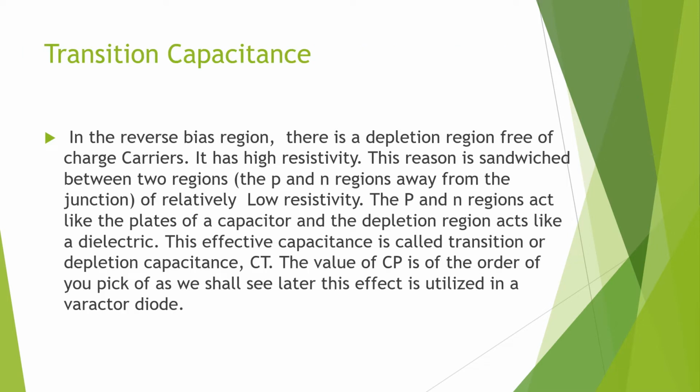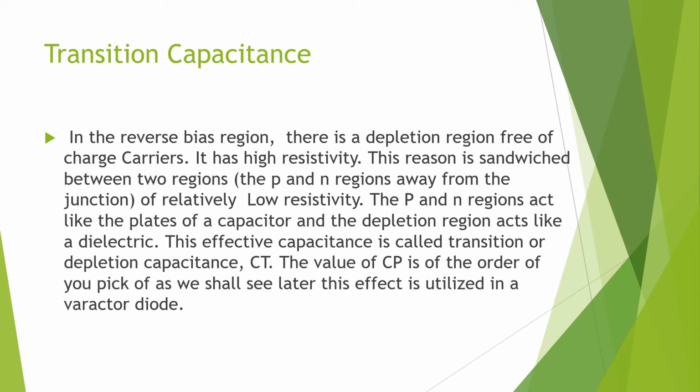Transition capacitance. In the reverse bias region, there is a depletion region free of charge carriers. It has high resistivity. This region is sandwiched between two regions, the P and N regions away from the junction, of relatively low resistivity.